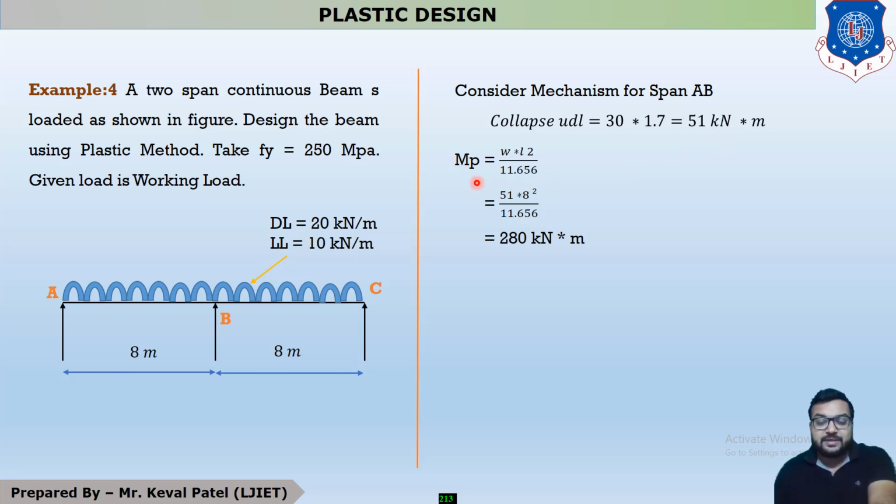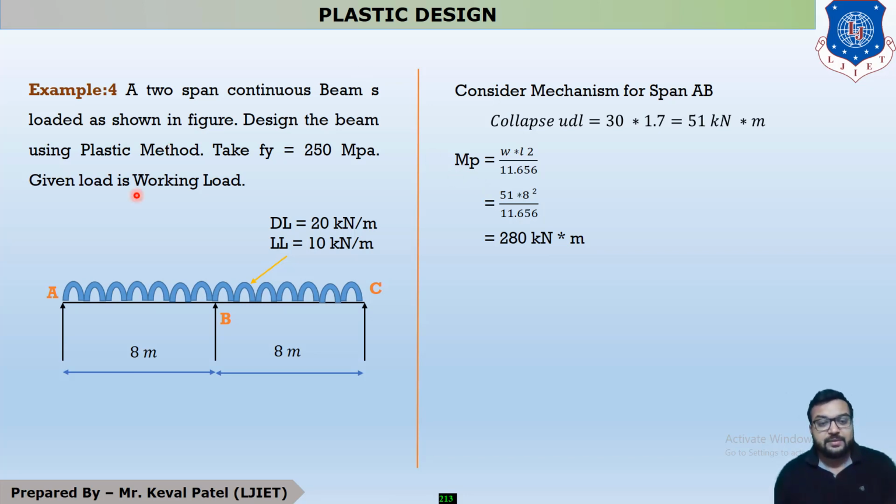Now what is the equation of Mp? Whenever one support is a hinge support and the other support is a fixed support, this is your case number 8, the propped cantilever beam subjected to UDL throughout the span.